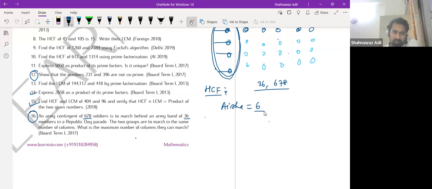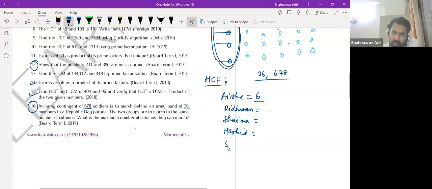Yes, guys. What are you guys getting? Aisha is getting 6. So Rizwan, then Talha got disconnected. Shaima, Ashu, Amar, and Shu. So 6. Okay. So Hashid is also getting 6. Where the HCF is 6. Good. So Shama is also getting 6.